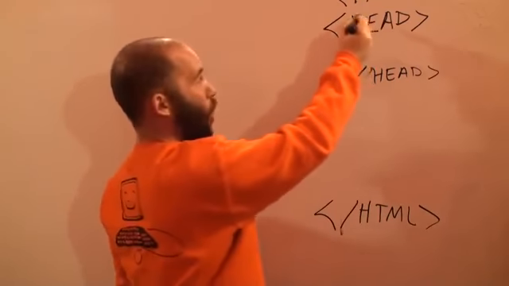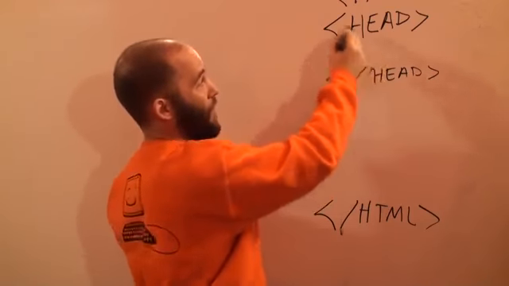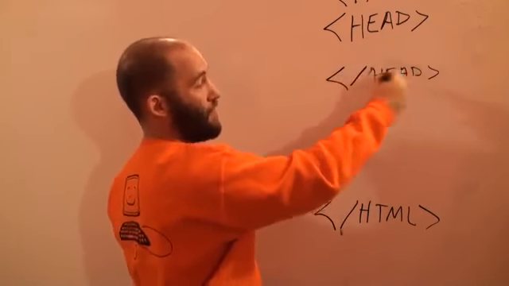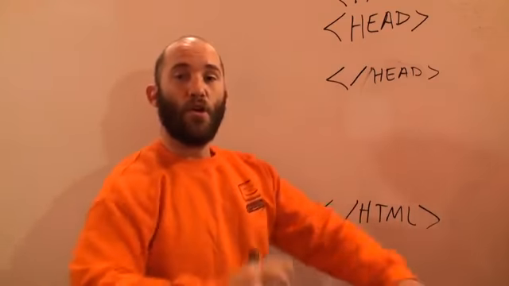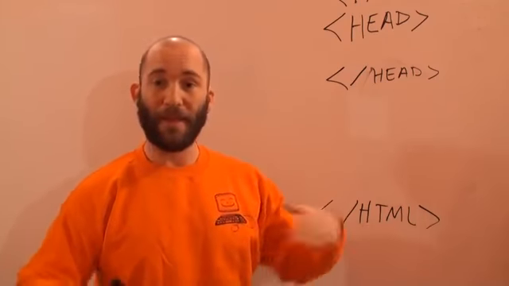So this opens the head and this closes the head. So head opens the head, backslash head closes the head. The head is where you put all the information that may be relevant to the rest of the web page. So the simple thing that you can put up here is the title tag.